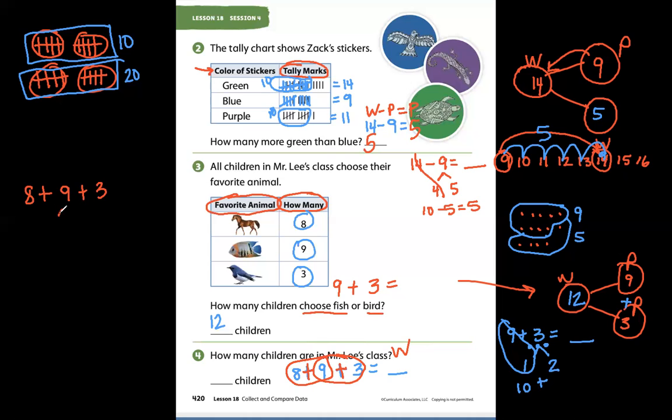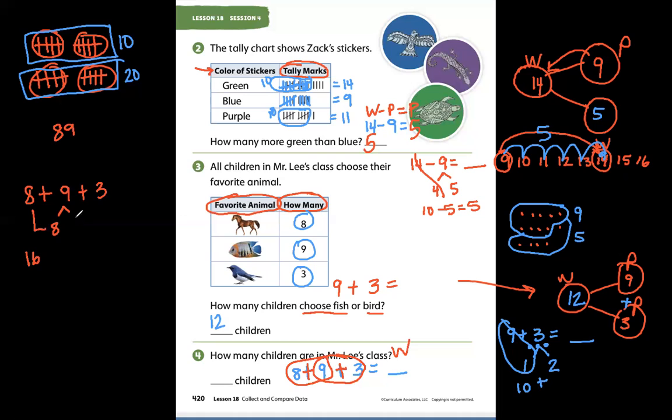I know I could break apart 9 to make an addition double because 8, 9 are neighbor numbers, right? So 8 and 8, and I know my addition doubles. 8 plus 8 equals 16. Know what I mean?